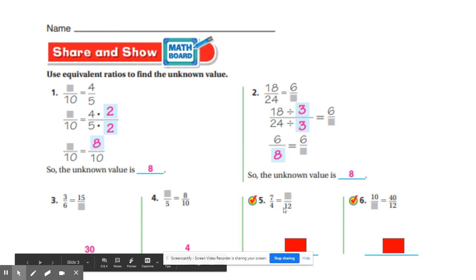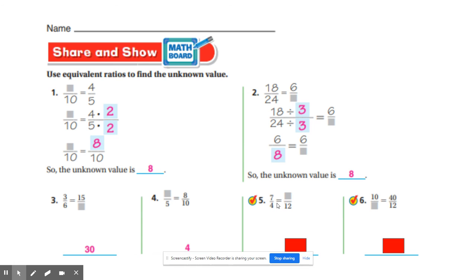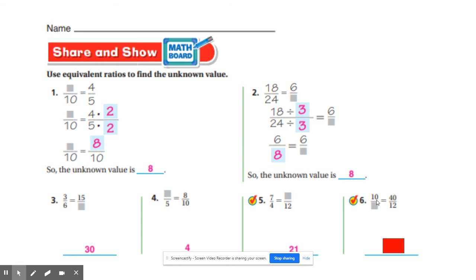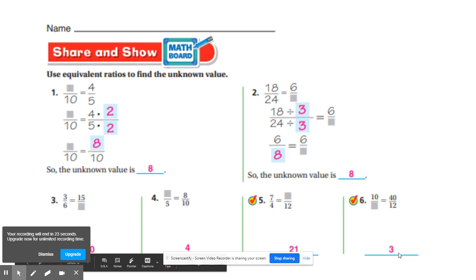Over here, we think 4 times 3 is 12, so 7 times 3 will give us 21. And over here, we're multiplying again, so 10 times 4 is 40. So what times 4 will give us 12? Or think backwards, 40 divided by 4 will give us 10. 12 divided by 4 will give us a 3.